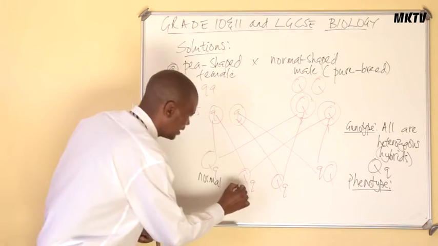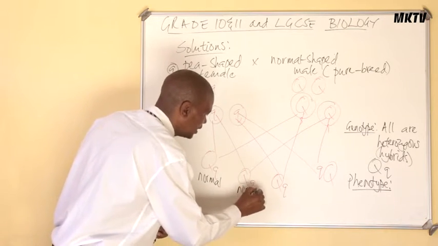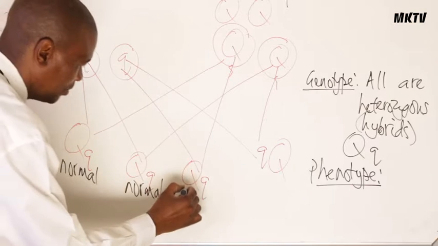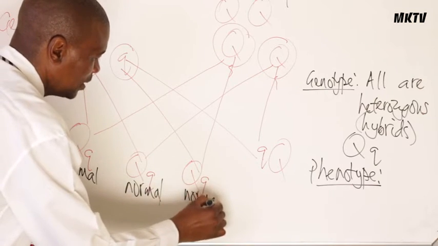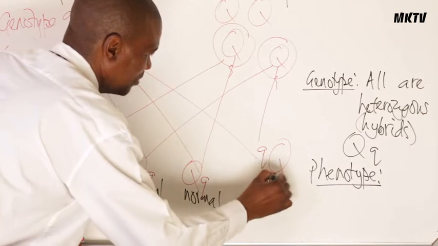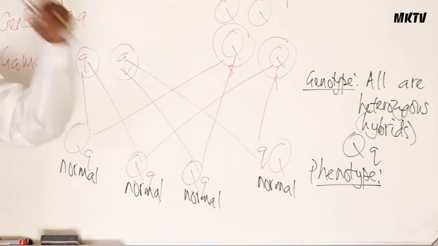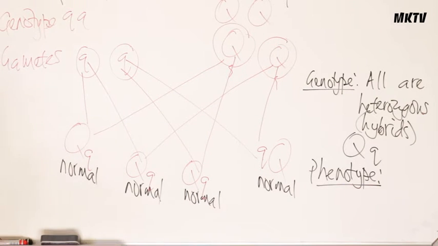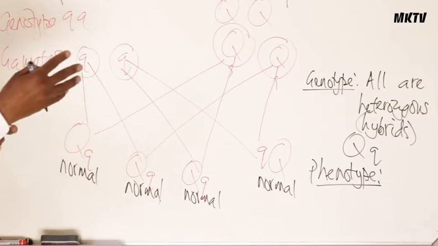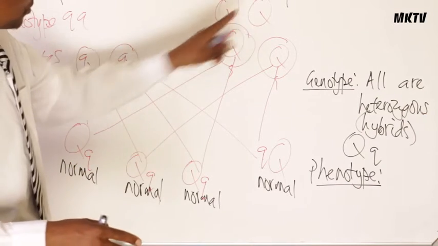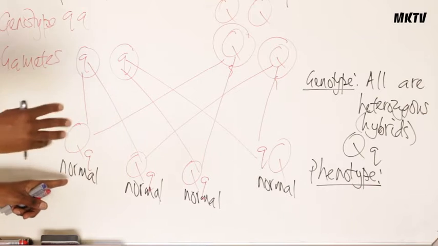The same thing, because we have one Q, we shall have a normal shape, another normal shape, another normal shape. But we have a problem. The normal shape in the phenotype, we won't know whether it is normal because it has got 2 capital Qs, or just like that one, or it is a homozygote.